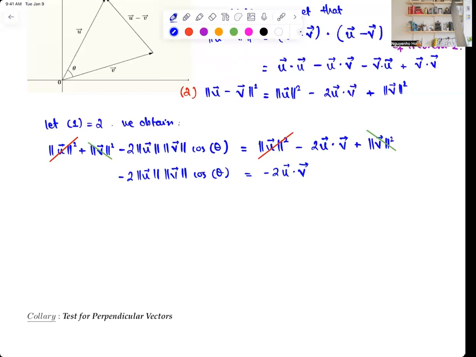And now to get cosine of theta by itself, I divide both sides by negative 2 times the magnitude of u and the magnitude of v. So cosine of theta is now equal to u dot with v divided by the magnitude of u times the magnitude of v. And that's the proof.